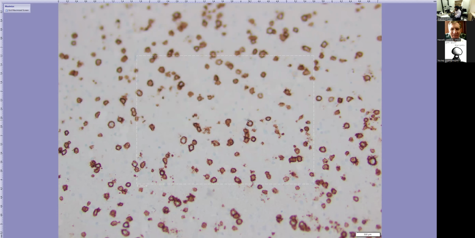So therefore, I ended up sending this for molecular testing. I sent 2 molecular tests, basically. One was a molecular test to assess for gene rearrangement for immunoglobulin heavy chain, which, if positive, supports but does not clinch the diagnosis of a lymphoma.